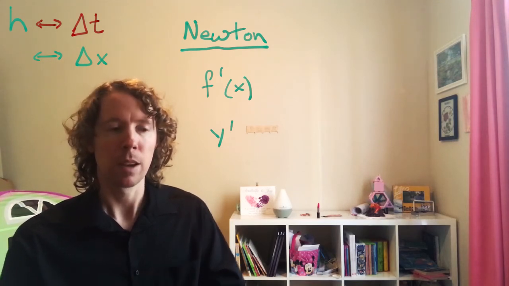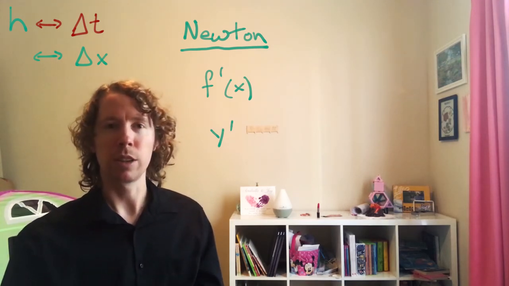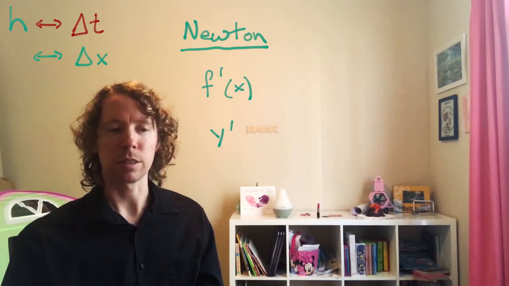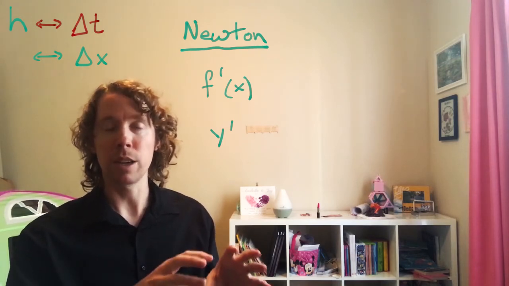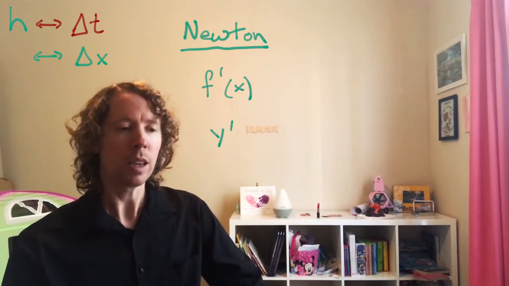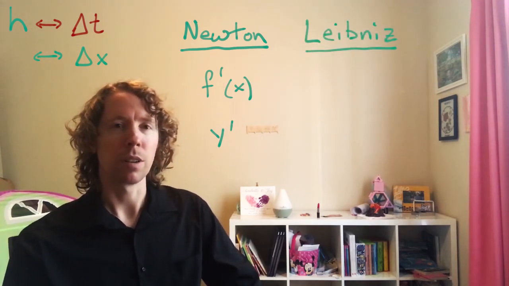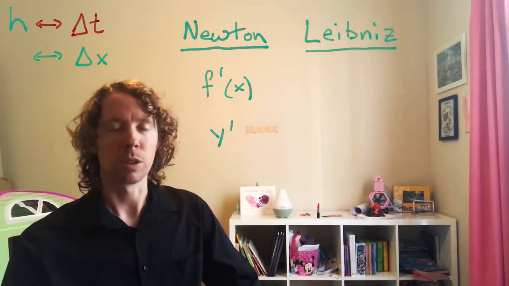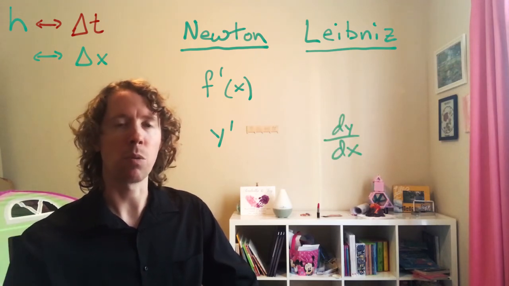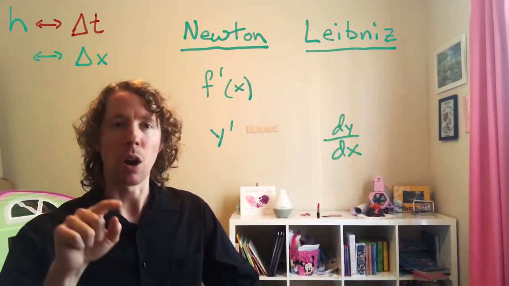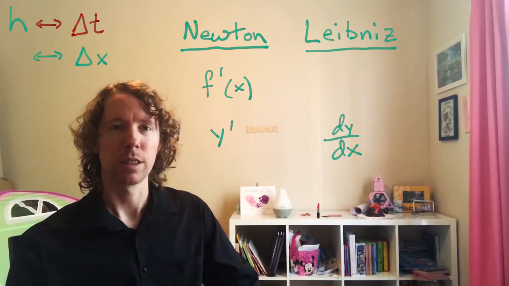The derivative notation that looks most like that notation, the delta x, writes the derivative of y. So we're still y equals f of x. It writes the derivative of y as dy over dx.